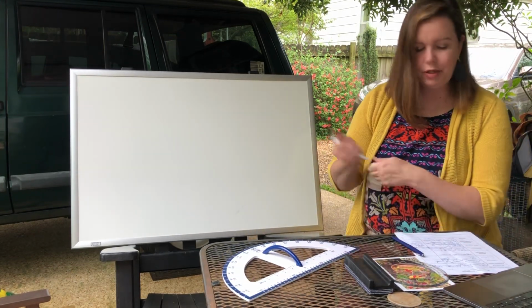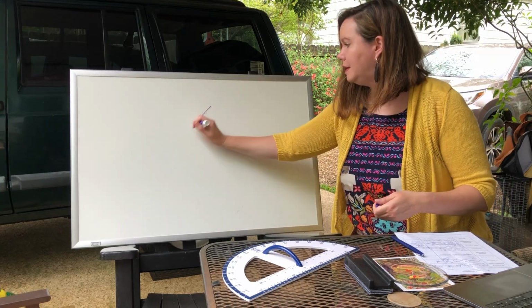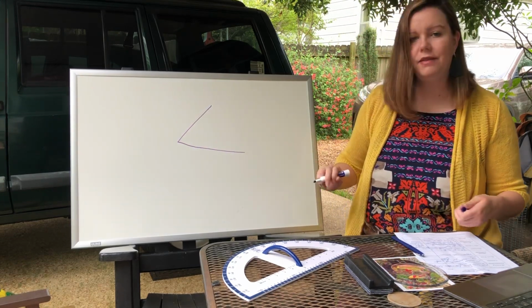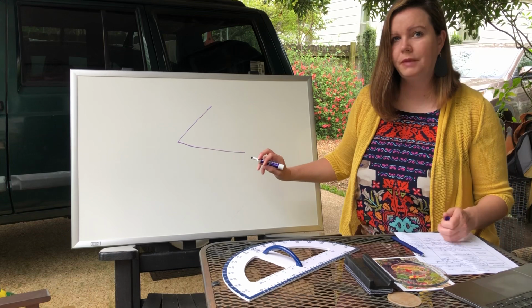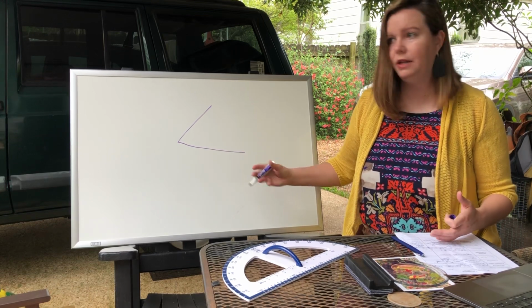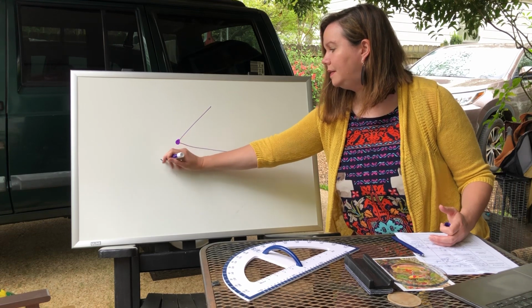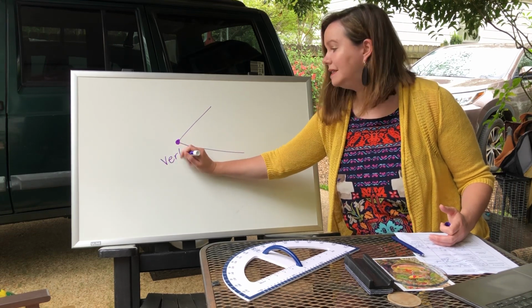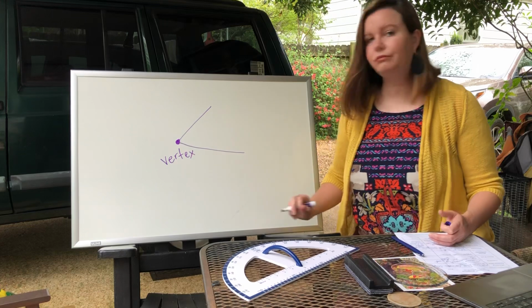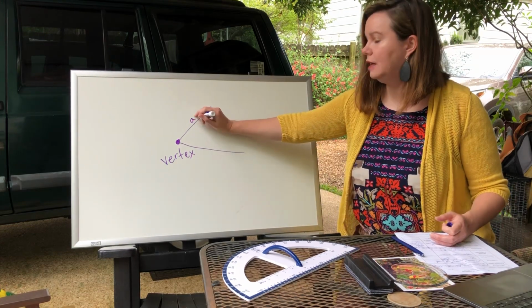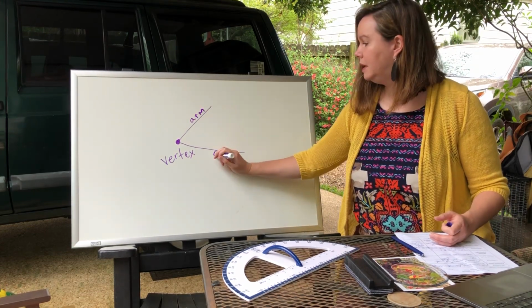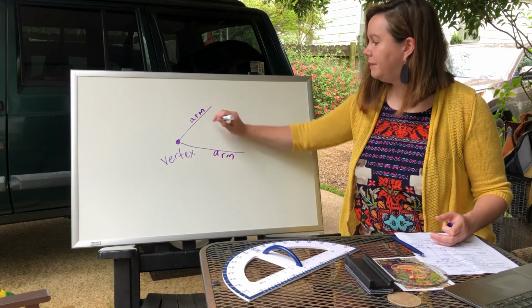Also, let me show you this. If you're measuring an angle, this is called the vertex. This is the arm. This is the arm.